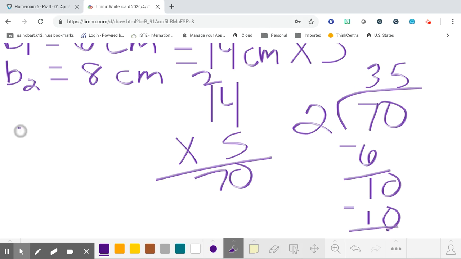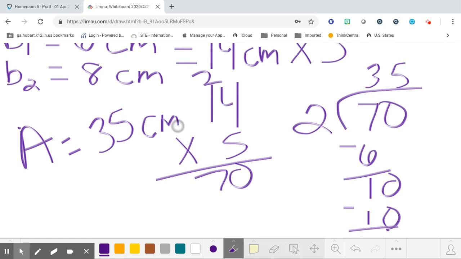So our answer for the trapezoid would be 35 centimeters squared.